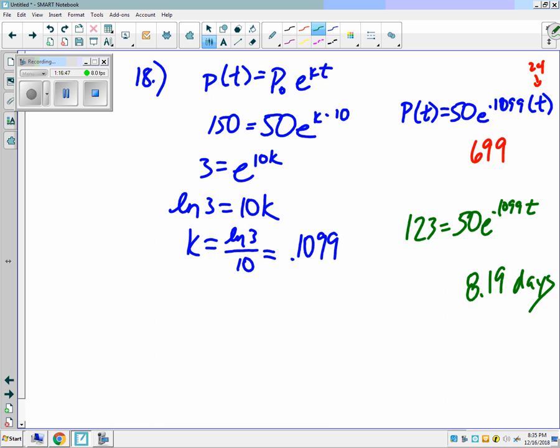So divide by 50. And then I'm going to change it from an exponential to a logarithmic function. So that means it's going to become a natural log. And then whatever that nasty number gives you, divide by your 4-digit growth rate.